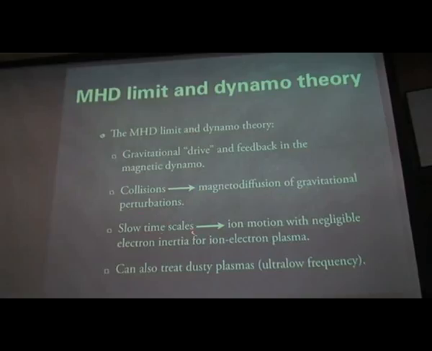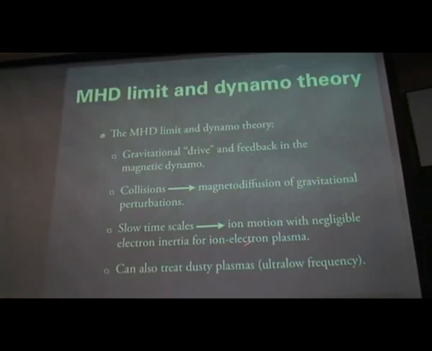And if you have slow time scales, you just do the normal approximation. So you just look at ion motion and you neglect the inertia of the electrons. And then you can look at this ion-electron plasma. I just want to underline that the MHD limit of a multi-fluid system need not be an electron-ion plasma. It can be any type of combination of particles.